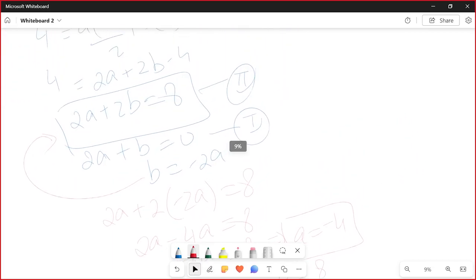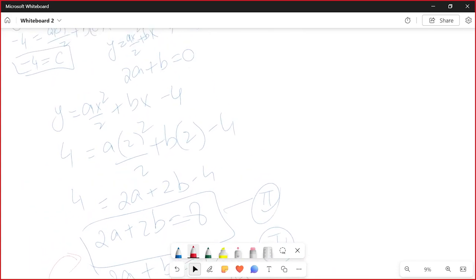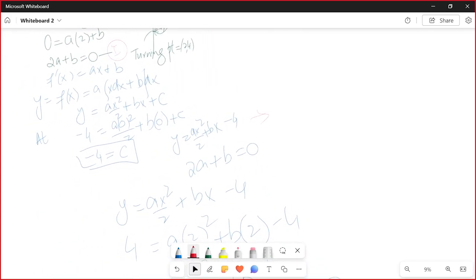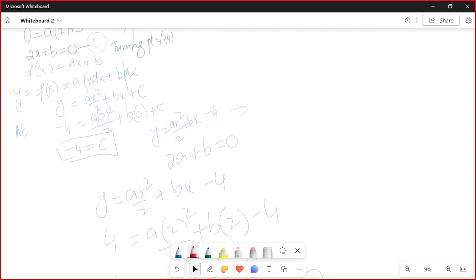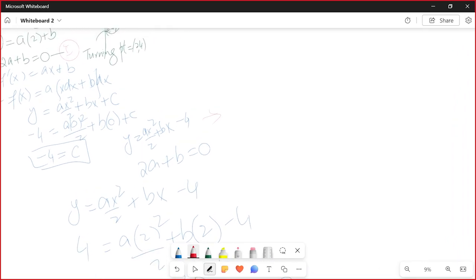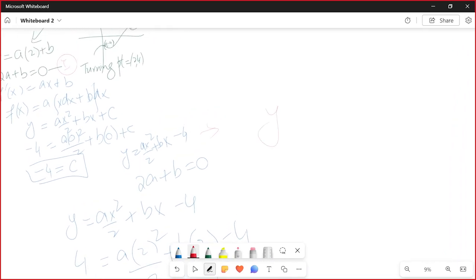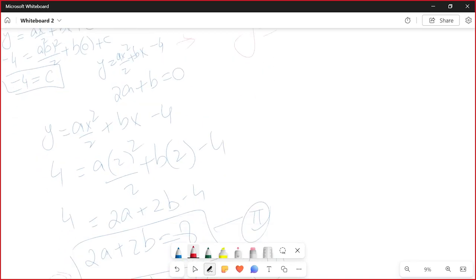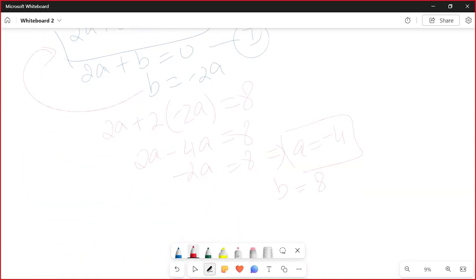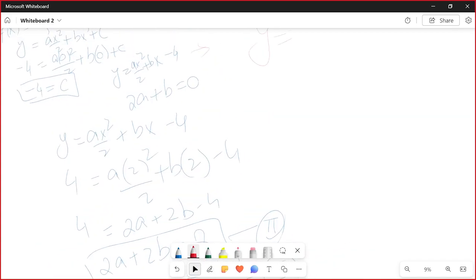So our final equation, we know now everything. Our equation was y is equal to ax square over 2 plus bx minus 4. What was the value of a we found? Negative 4.